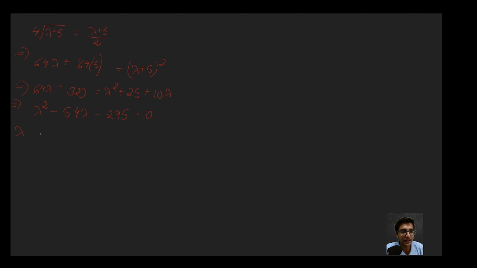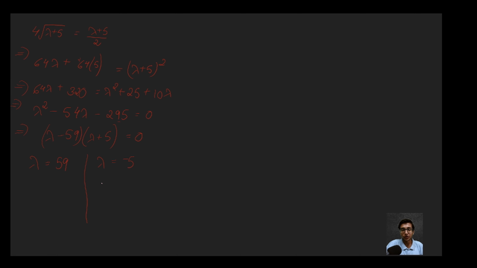So this equation factors using 59 and 5, since if we multiply 59 and 5, we get 295. So this becomes lambda minus 59 into lambda plus 5 is equal to 0. From here we get two values: lambda is equal to 59 or lambda is equal to minus 5.